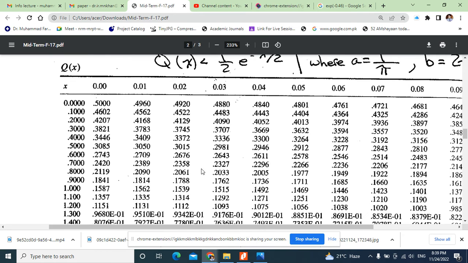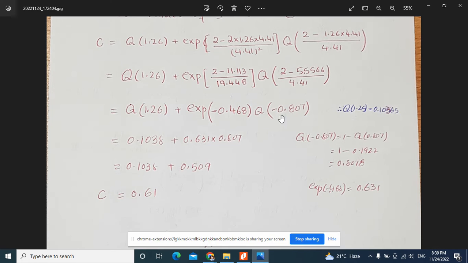So where these two values combine, you can see 0.1922. So you can write the 0.1922 here and subtract, 1 minus 0.1922. The answer is 0.8078. So if you multiply 0.807 with 0.6, the answer is 0.509.